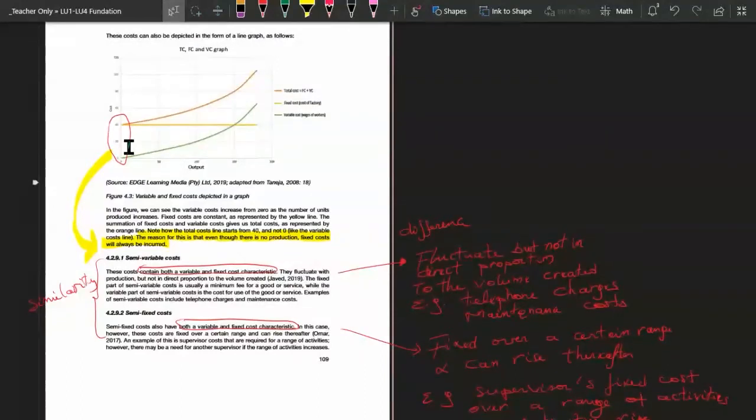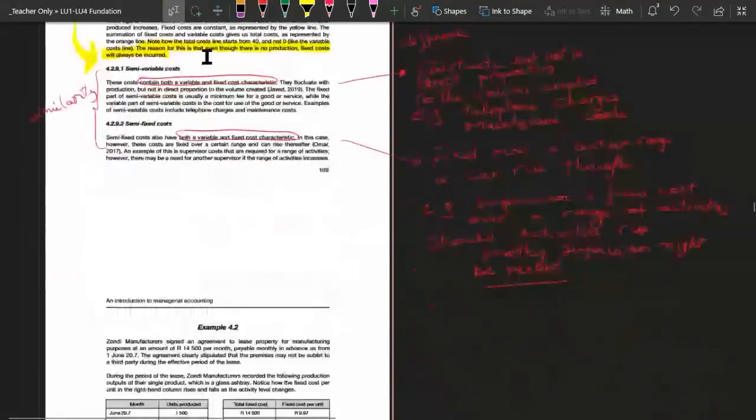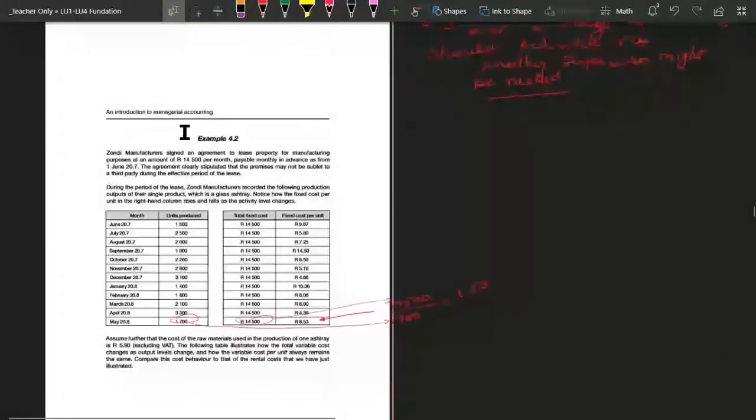Whatever it is, this graph is there to depict for you what happens. You have semi-variable costs. I've given you the difference between semi-variable cost and semi-fixed cost. Very easy, right?